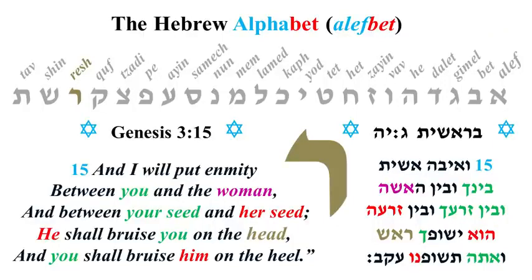And he shall bruise you on the Rosh, head, and you shall bruise him on the heel." This is maybe the first prophetic picture of a Messiah who's going to come and save the world.